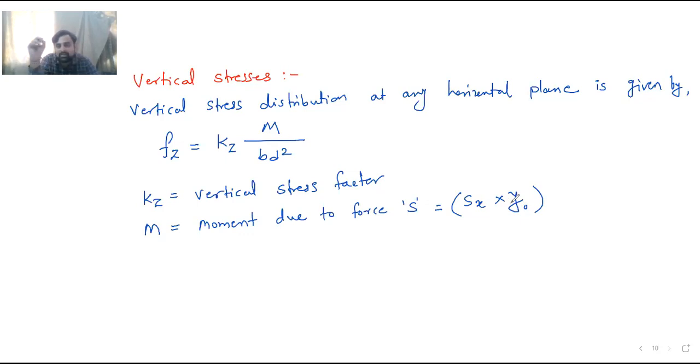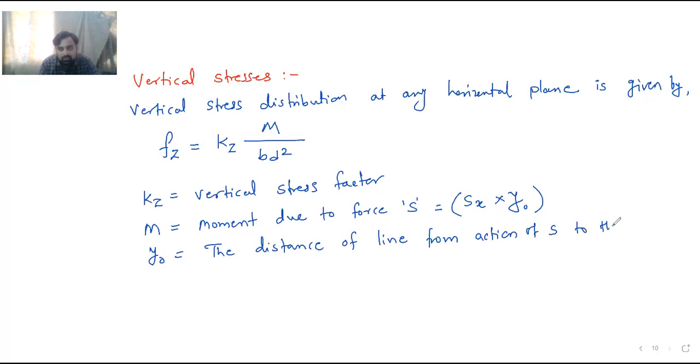So the moment is Sx into y0. In general, this terminology is written. Okay. So here that y0 is equal to the distance of the line of action of S to the centroid.